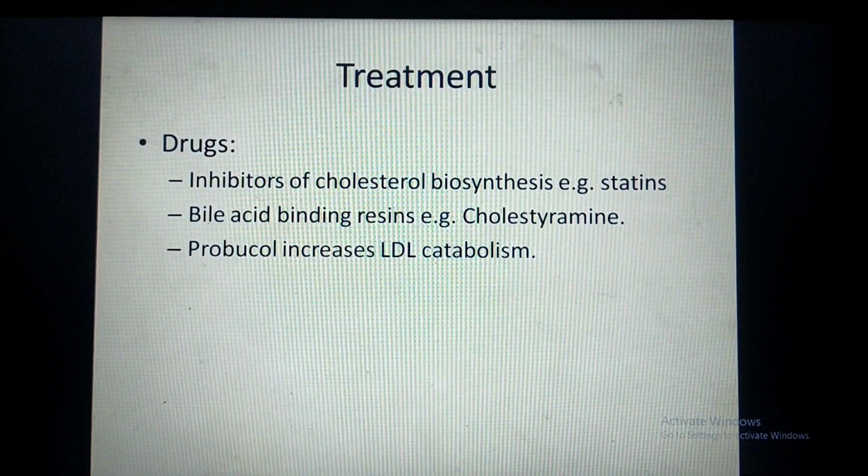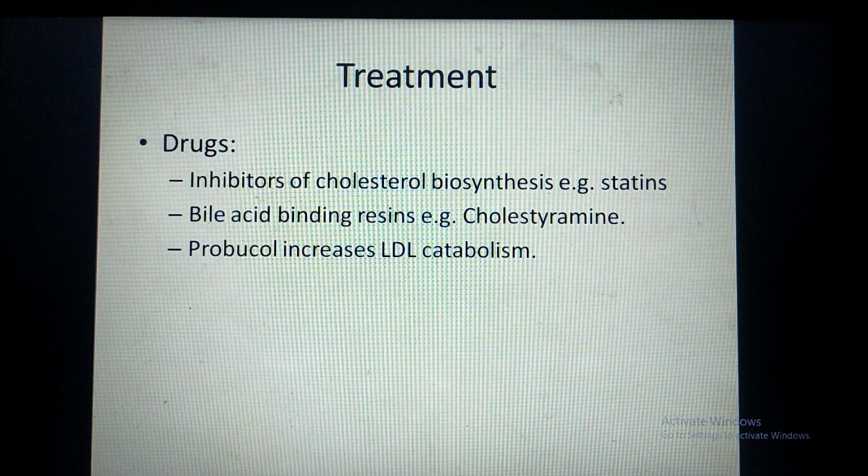Now treatment. The main choice of treatment is the drug statins, and I have told you how these statins act. Statins competitively inhibit the enzyme HMG-CoA reductase, which is the rate limiting enzyme of the pathway. So cholesterol synthesis decreases in the body.